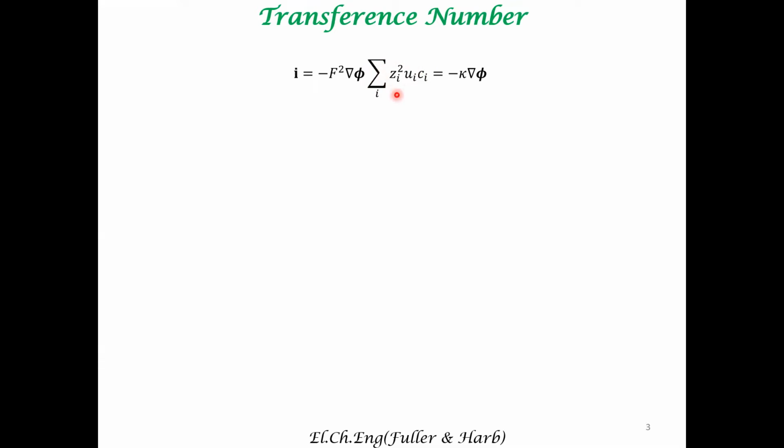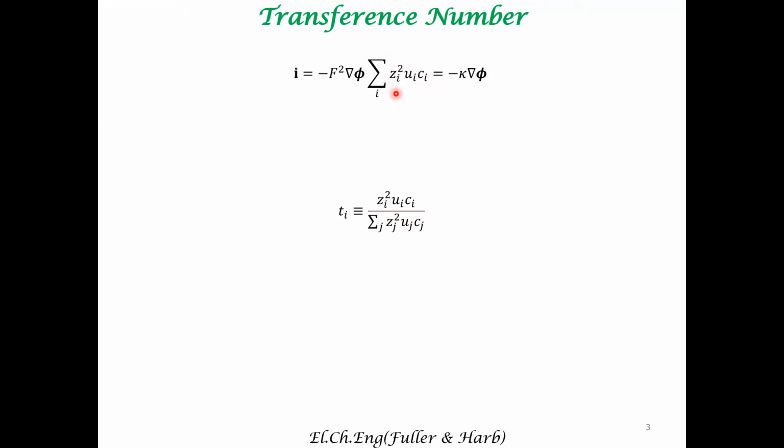So because of the importance of this term, we can define a new term called transference number. So why is this of importance? We can think that the overall current is contributed via different species I, with each species contributing this much amount of current.